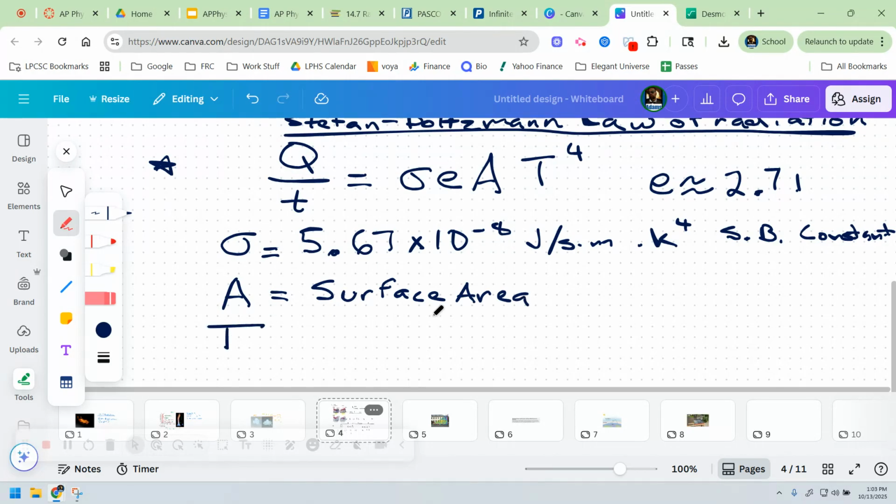And T is the absolute temperature, and remember the units for area, this would be meters squared. Right? I forgot to square this, by the way. And then this would be kelvins.